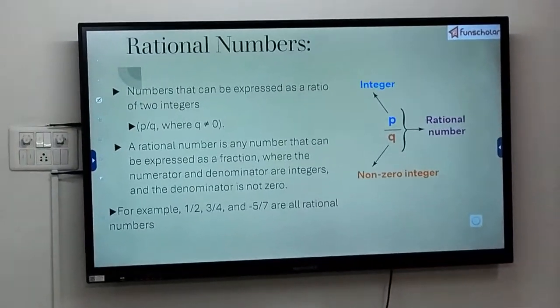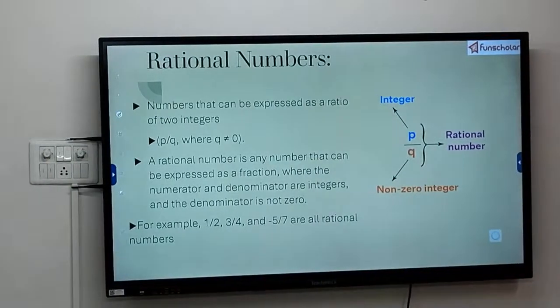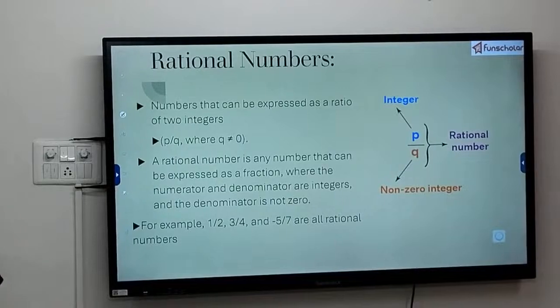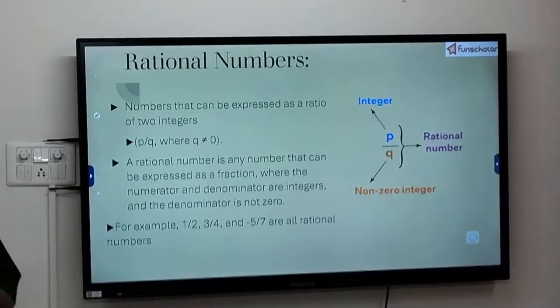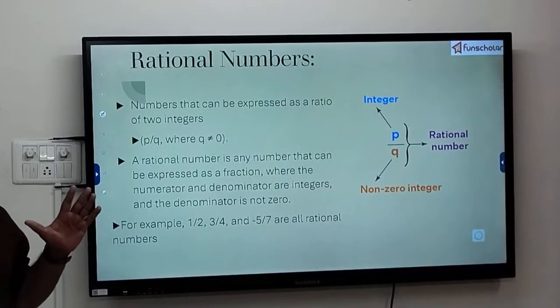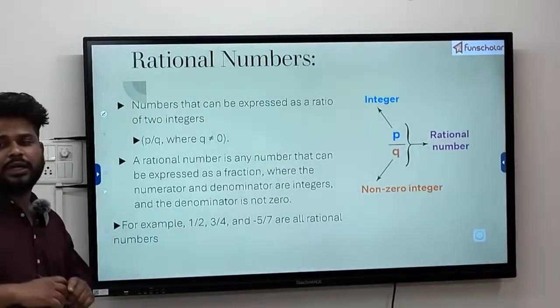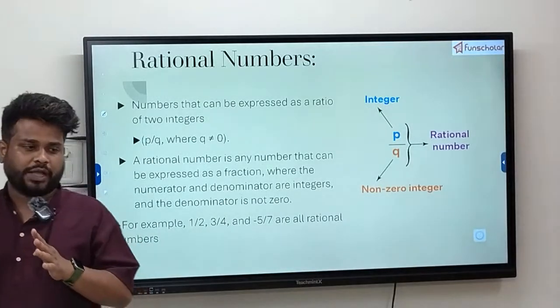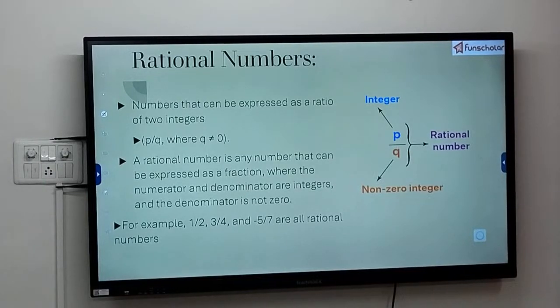This is all you know, that the rational numbers that can be expressed as a ratio of two integers like p by q are called the rational numbers, where q is not equal to 0. ठीक है, ये तो समझते ही इतना. ठीक है, and rational numbers, that is, any fraction, all rational numbers can be expressed like fractions.